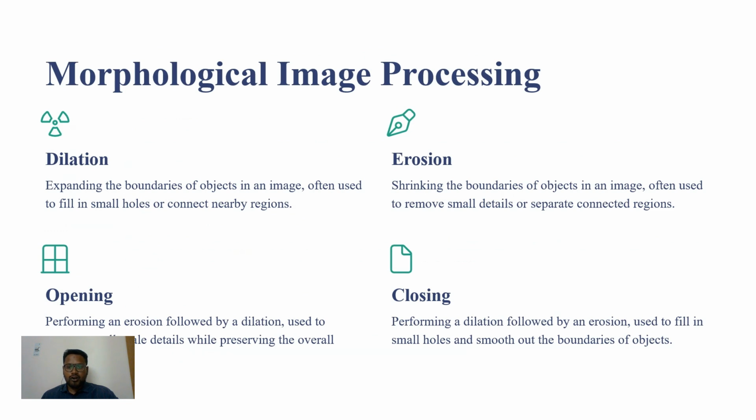Dilation expands object boundaries to fill small holes or connect regions. Erosion shrinks object boundaries to remove small details or separate regions. Opening is an erosion followed by a dilation, used to remove small details while keeping the main shape. Closing is a dilation followed by an erosion, used to fill in small holes and smooth boundaries.